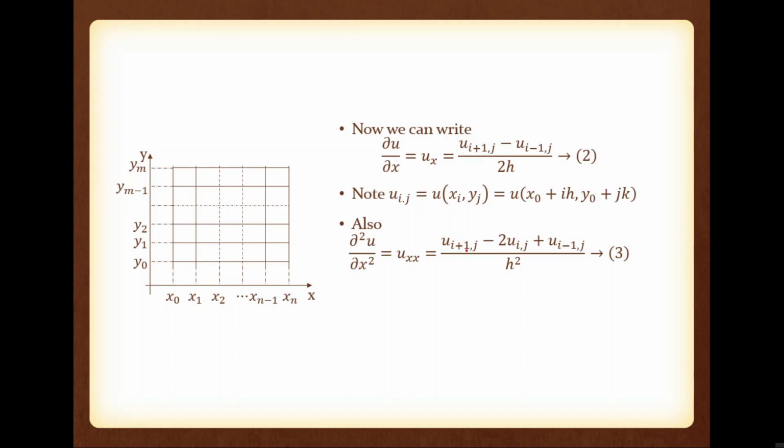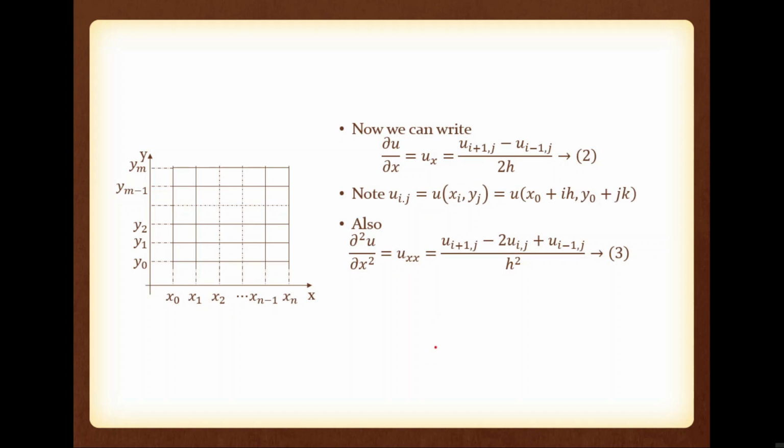So the next point with respect to x, y is not changing, so that is i plus 1 comma j. Here is the current point of u with respect to both x and y, so i comma j. Now here the previous point of u with respect to x, y is not changing, so i minus 1 comma j, divided by h square. So this is dou square u by dou x square. Is it okay?